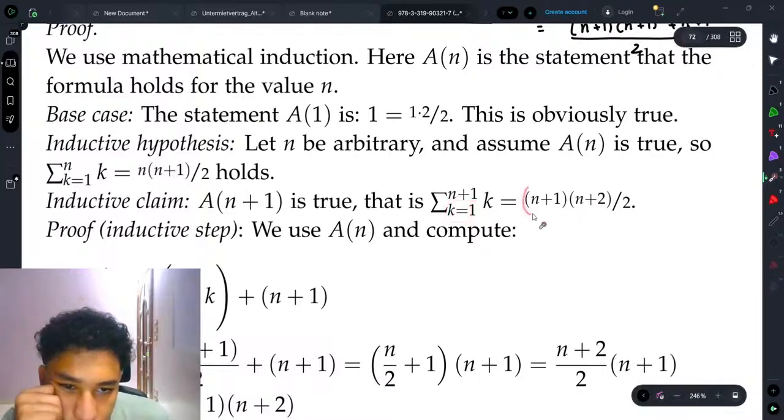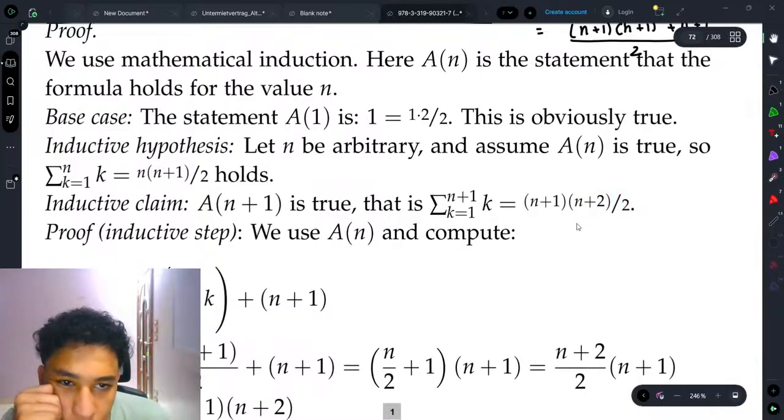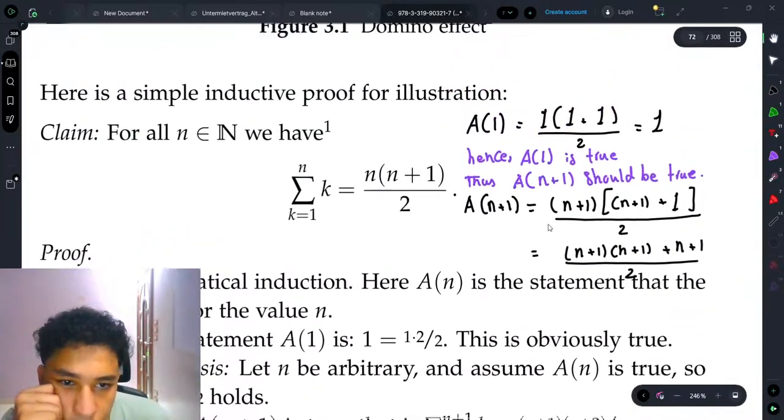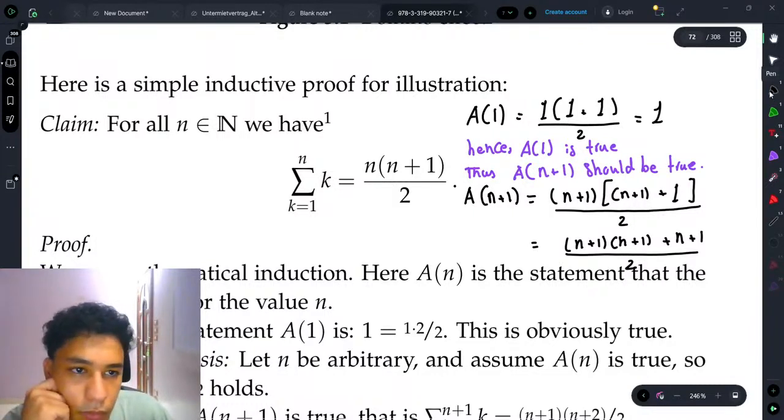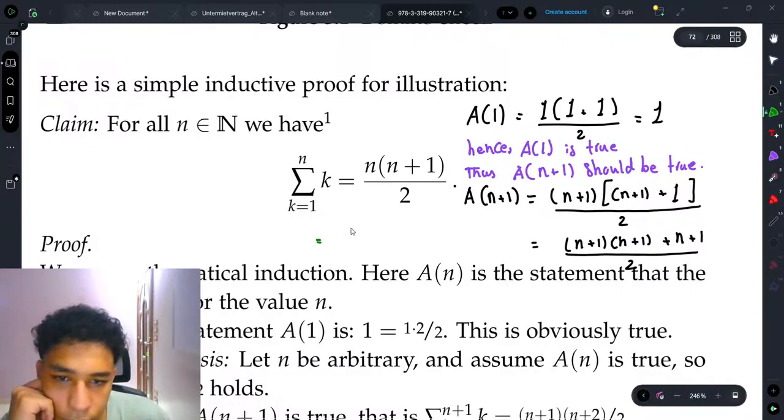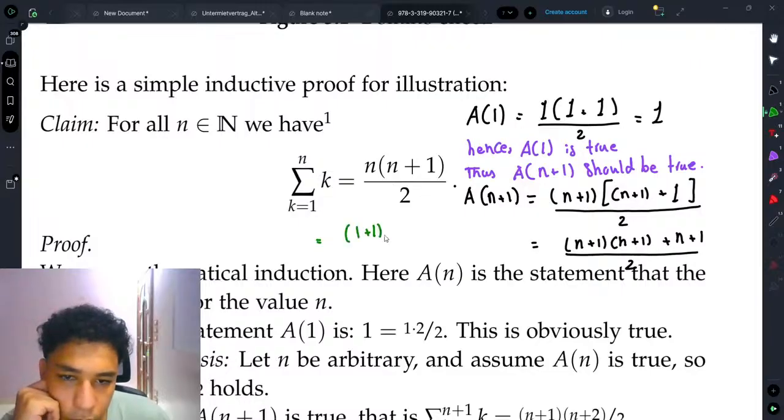So n plus 1, n plus 2 over 2. Or here he means that we are gonna replace the n's by 1, maybe. We should replace the n's by 1, so here's gonna be something like 1 plus 1 multiplied by 1 plus 1 plus 1 plus 1.